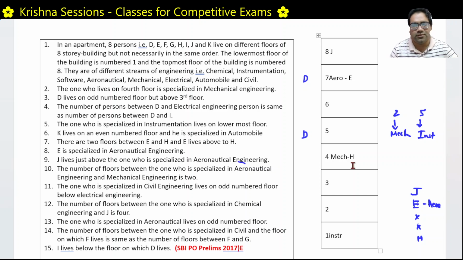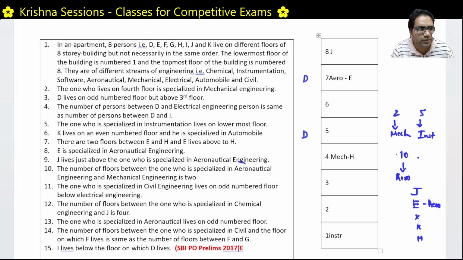So, which are the conditions that we have used? First we have used 8 and 10. E is specialized in aeronautical engineering. So we have used 10 first, right? We have used 10 to derive the position of aeronautical, because between aeronautical and mechanical engineering the gap is 2.